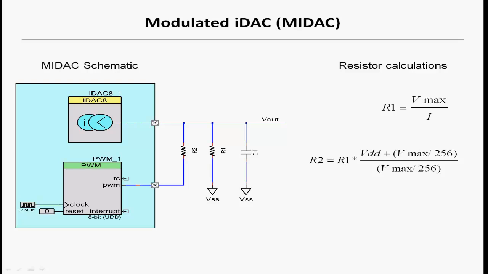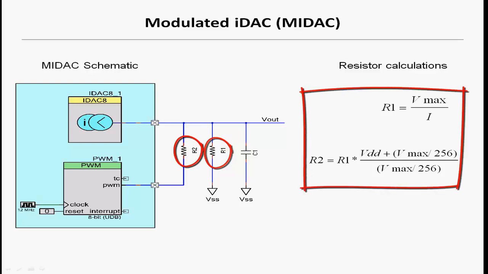The modulated IDAC, or MI DAC, is a hybrid between the old PWM DAC and a current DAC. A current DAC is used to set the most significant 8 bits of the current, and a PWM is used to provide an additional 1 to 3 bits by setting the duty cycle of the PWM. The two resistors R1 and R2 can be calculated using the equations on the right.